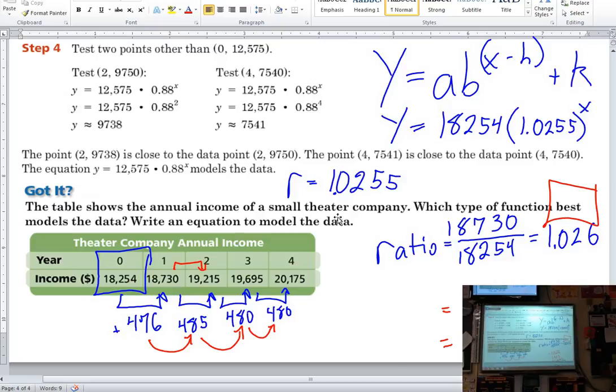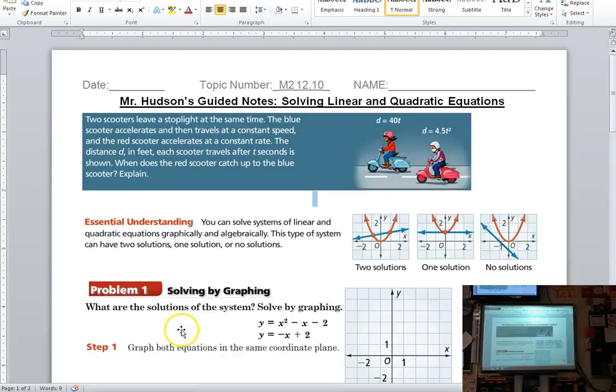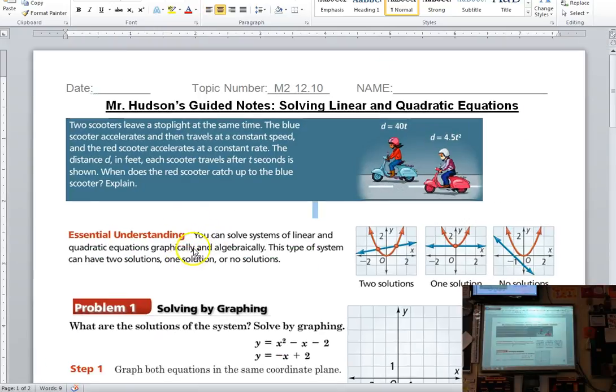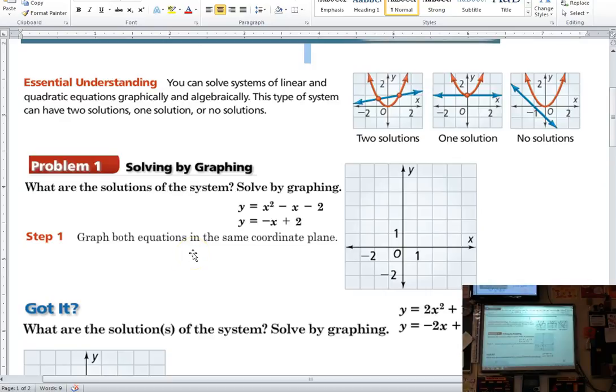We can either pop over to 14.1 and kind of wrap up that lesson. Well, I don't know that we'd be able to wrap it up. Or we can look at 12.10, which continues on with this. I'll show you 12.10 real quick. You've already got the 14.1 notes. But the 12.10 notes, all we're doing is solving systems involving multiple types of functions.